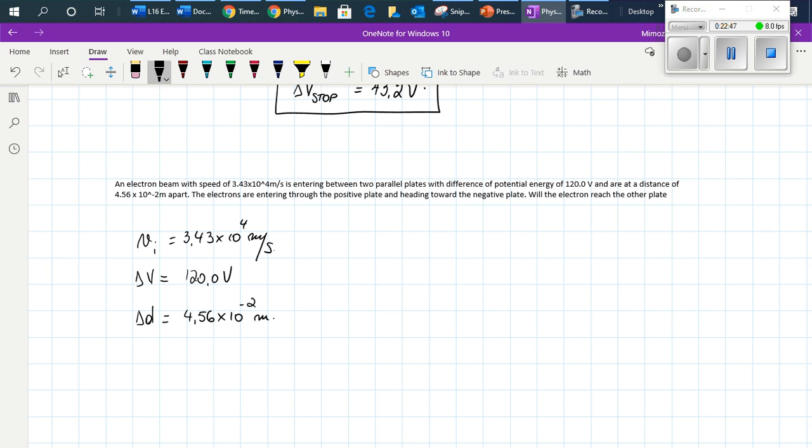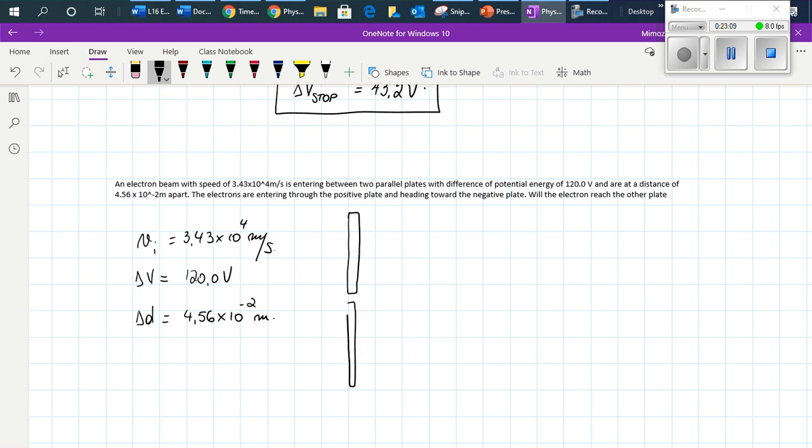So now the electrons are entering through the positive plate and are heading toward the negative plate. Will the electron reach the other plate, and if not, where is it stopping? The situational diagram will be something like this. We have two parallel plates.